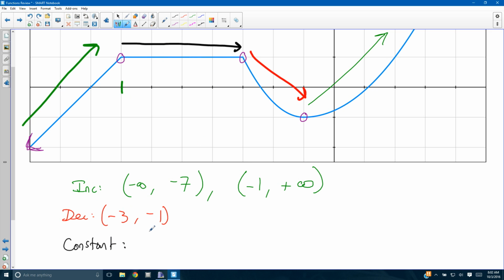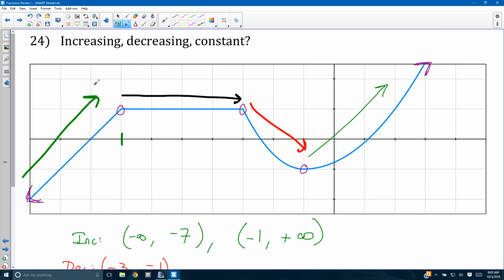Let's just say we don't know. It went from increasing to constant or constant to decreasing. So it's going from negative 7 to negative 3 right there. And we included the entire domain from negative infinity to positive infinity, except for these relative mins and maxes, those points where it changes actual form. That's it.